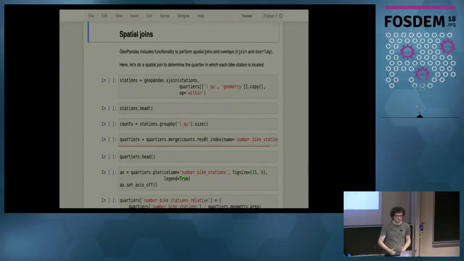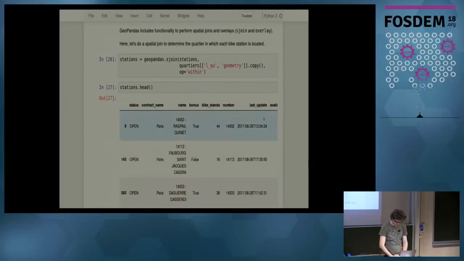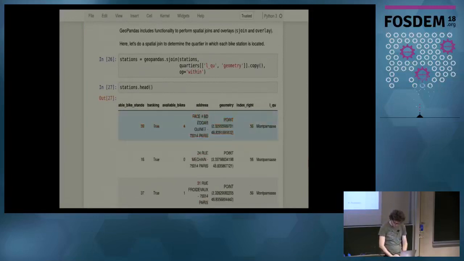So here a small example of a join, where I want to join for each station in which district it lies in, it's located in. So I can join them, and now you will see that here at the end there is a new column added to my stations, so the name of the districts.